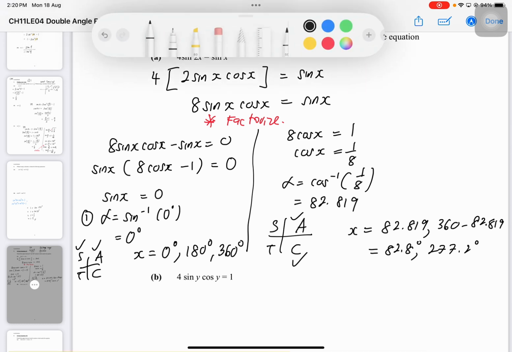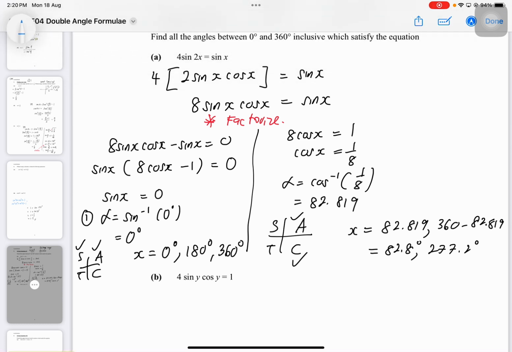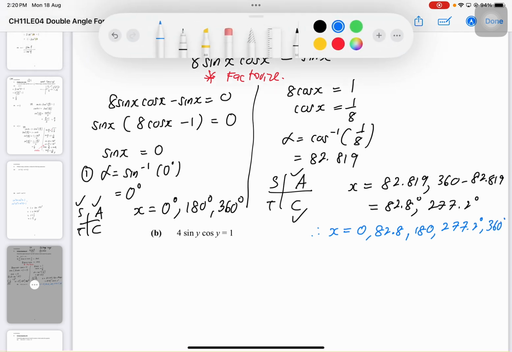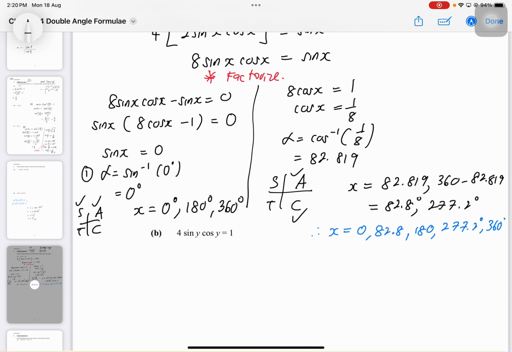Okay, and your last step, combine together. So x arranged in order: 0, 82.8, 180, 277.6, 360. This is your answer. Combine it.